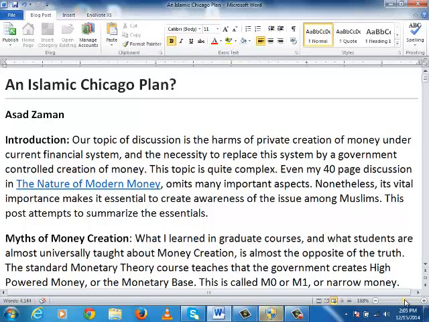If the reserve ratio is 10%, then the multiplier is 10, 1 over 10%. So, if the government prints 1,000 rupees and the multiplier is 10, then the amount of money which comes into circulation is 10,000 rupees. And so basically the government controls the supply of money. However much they print, the actual amount is 10 times the narrow money.